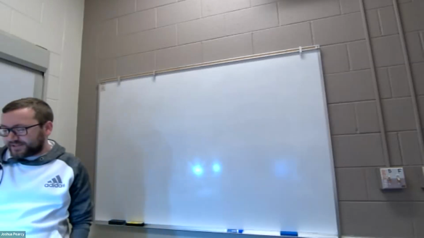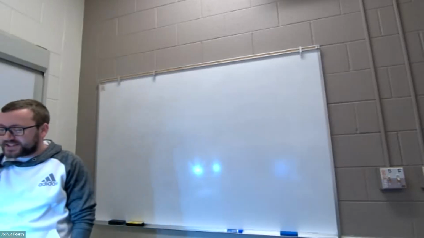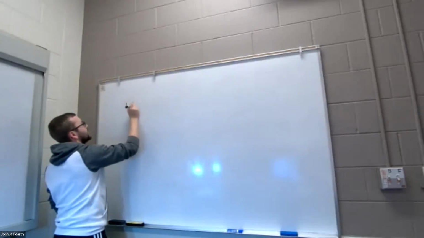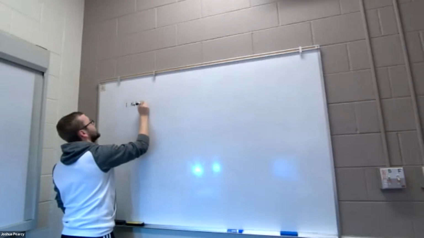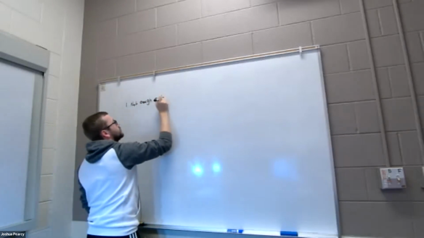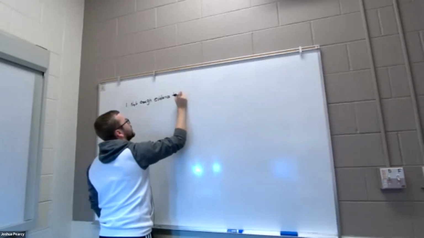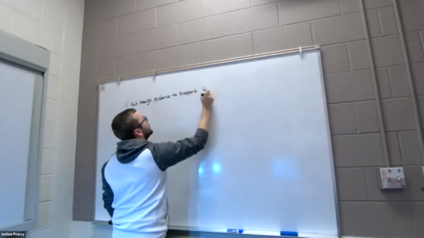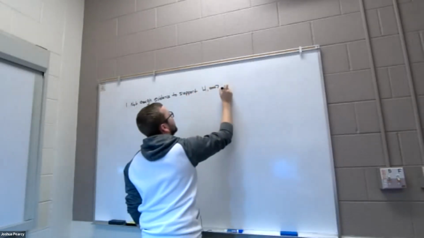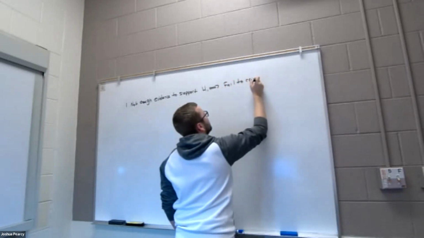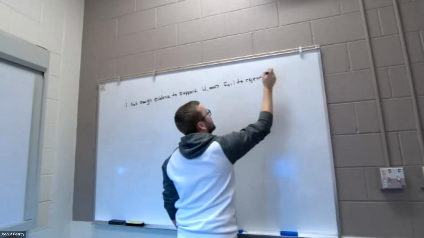So the first one: if there is not enough evidence to support the alternative hypothesis, then we will say we failed to reject the null hypothesis. Not enough evidence to support H1 implies we fail to reject H0.